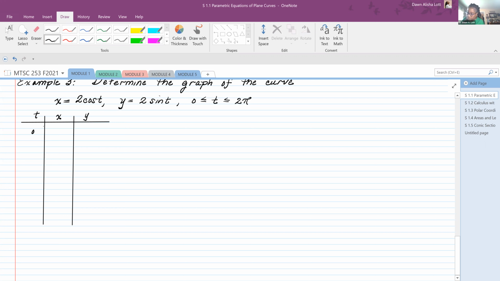So if t is equal to 0, the cosine of 0 is 1, multiply it by 2, I get 2. The sine of 0 is 0, multiply it by 2, I get 0. So it starts at the point (2, 0).